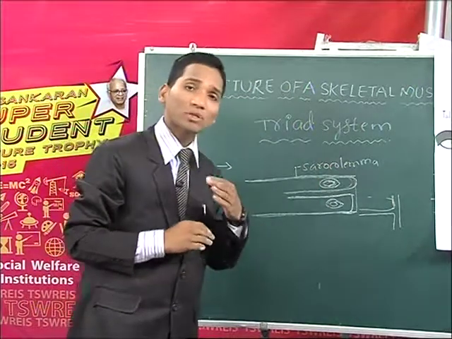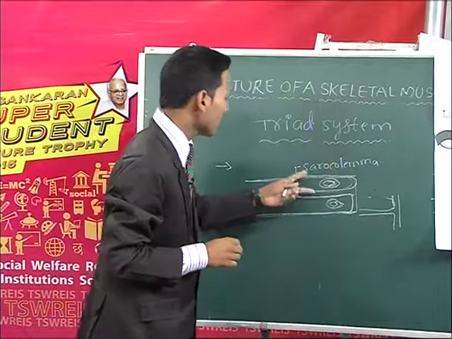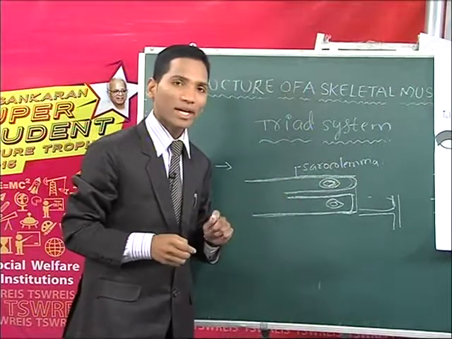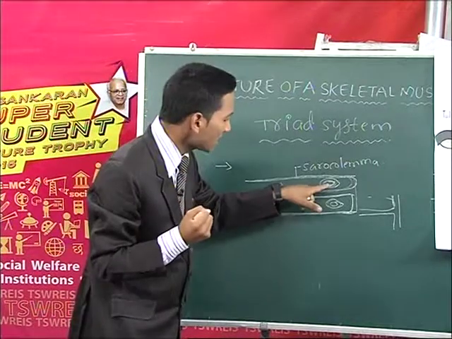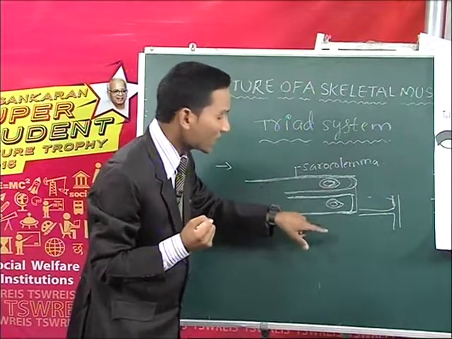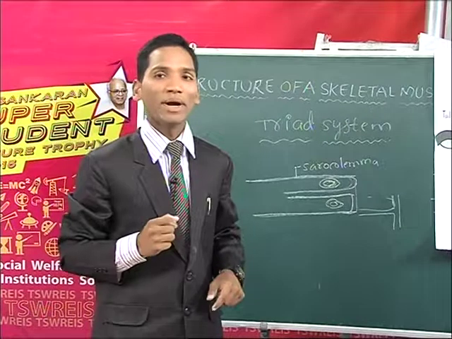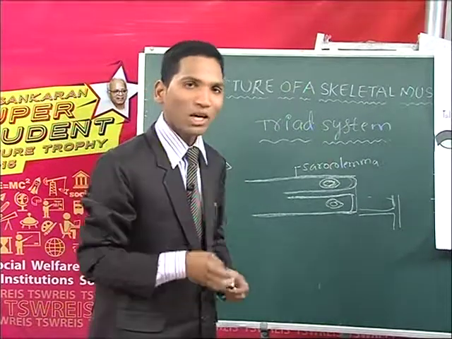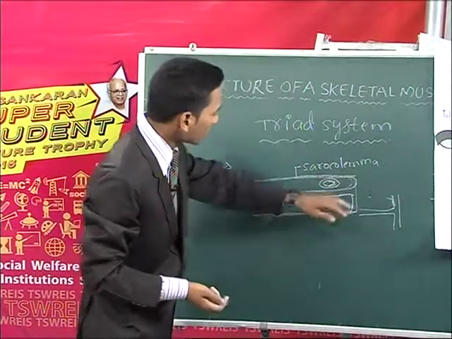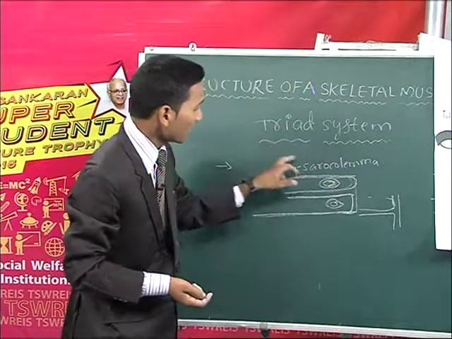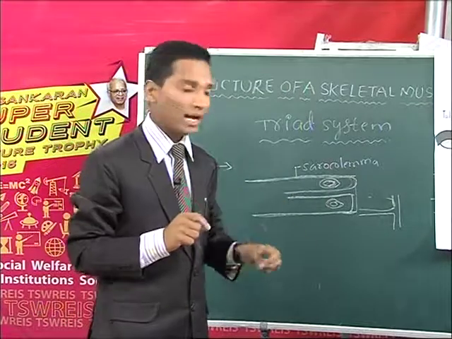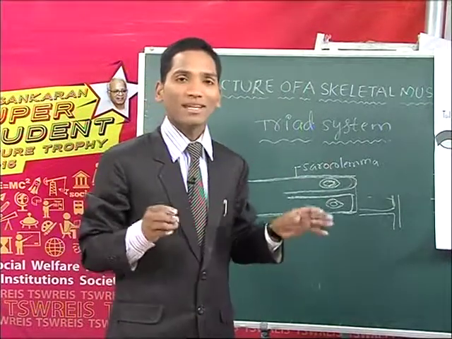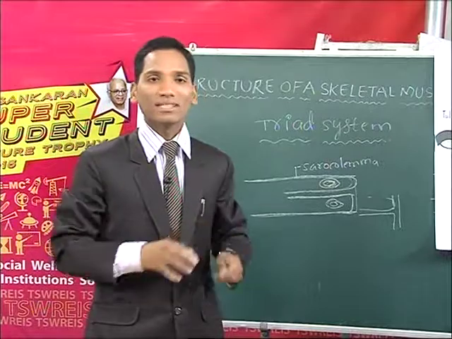Most of the stored calcium is present in these two cisternae. When the muscle is stimulated, the calcium comes out from these two cisternae, thereby causing movement. In mammals the triad system occurs at the A and I band, whereas in non-mammals it occurs at the Z line.